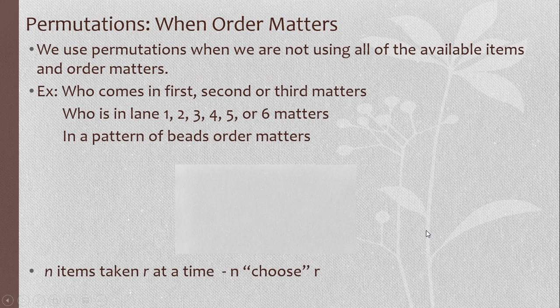All right. So I'm going to introduce a term here called permutations. Now, we use permutations when we are not using all of the available items and order matters. So if I'm looking at the number of ways people could come in first, second, third place in a race, well, that's certainly who comes first, who comes second, who comes third matters.